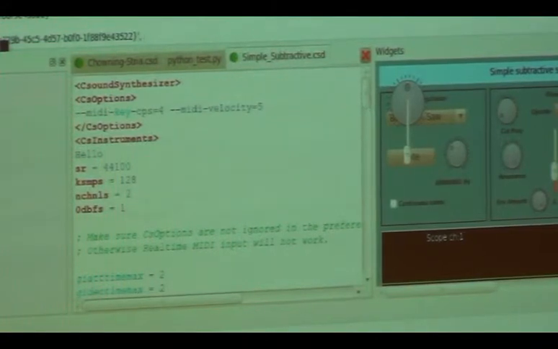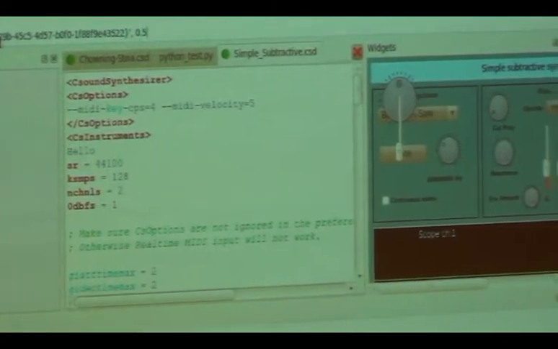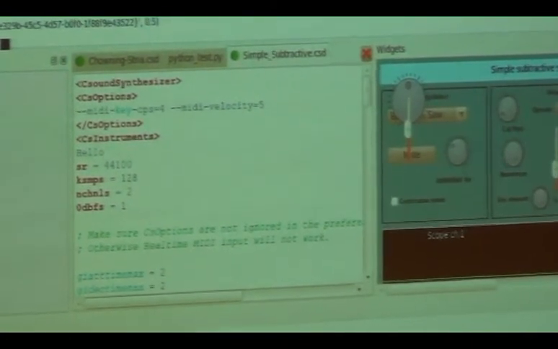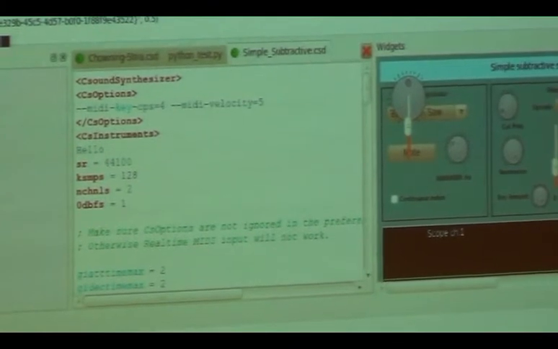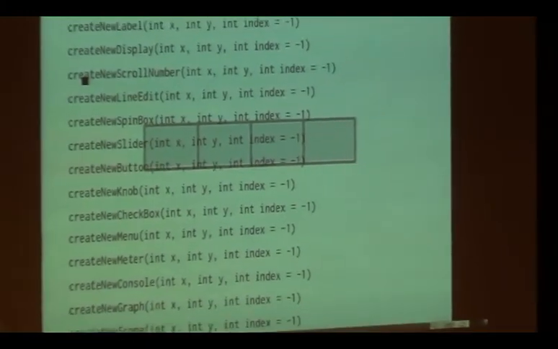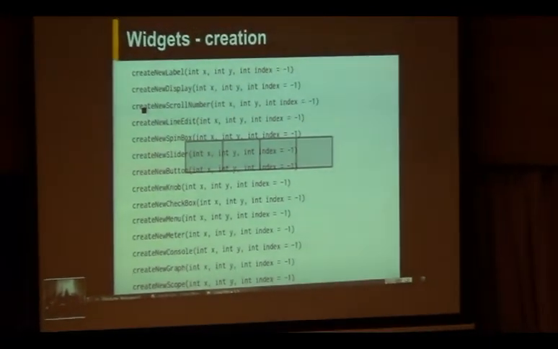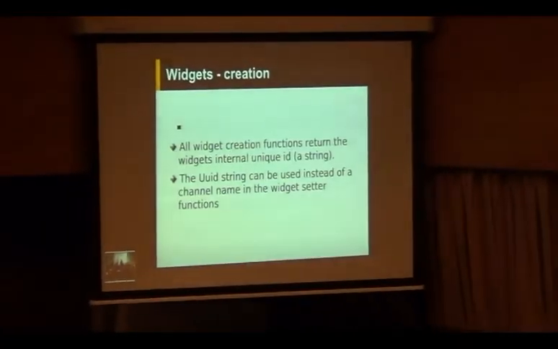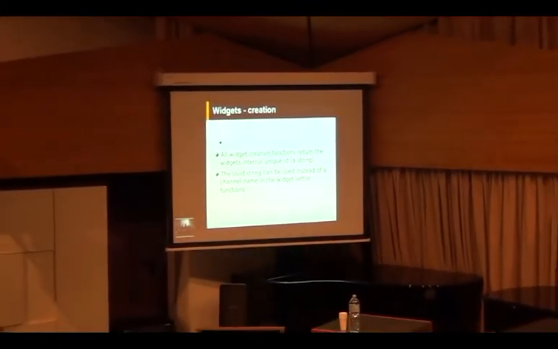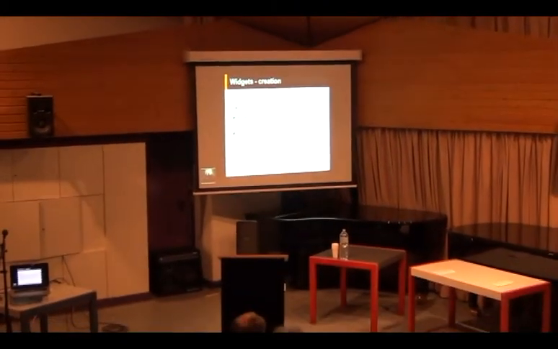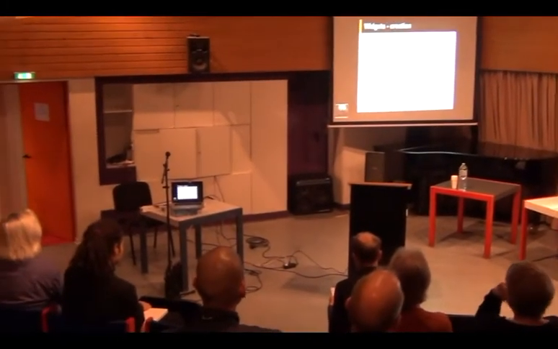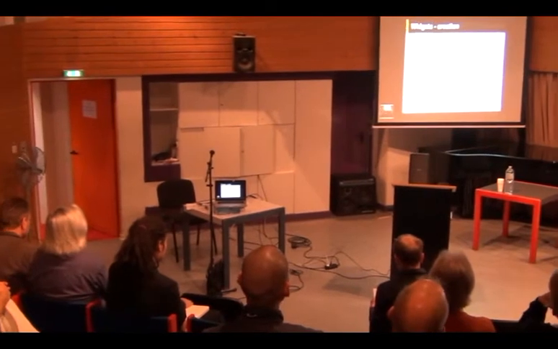And I'm going to say the value is 0.5. So the slider will jump to 0.5. So you can use either the channel name or the widget's unique ID, both of them, to create any of the widgets. And you can automate creation, create 10 at a time, 20 at a time, whatever you need. So as I said, all functions return an internal unique ID, and it can be used instead of the channel name for the widget setter and getter functions as well.